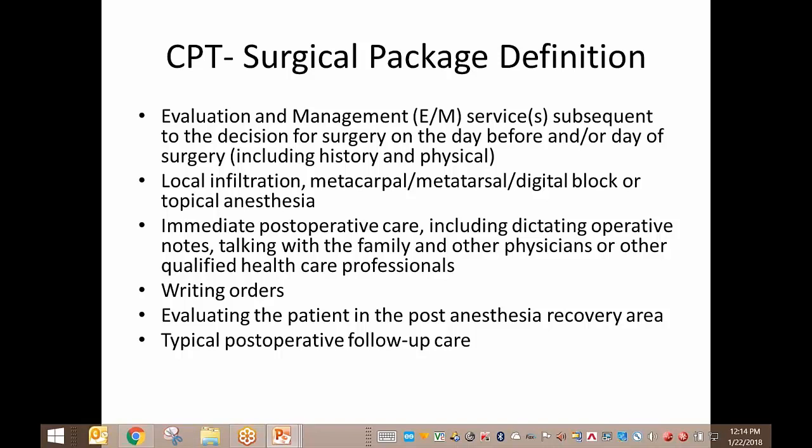I'm telling more and more practices to make these kinds of policies in their compliance program, so if they're audited, they have a description of what their plan is, how they're interpreting things, and how they're using it in their practice. That will help you with insurance companies questioning what you're doing.